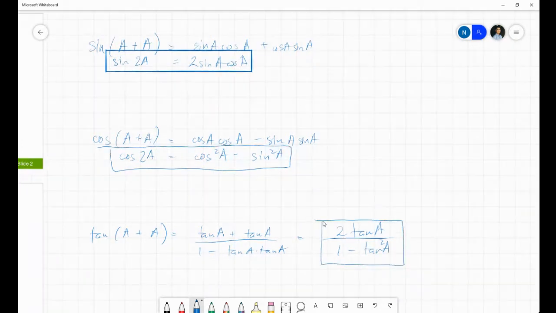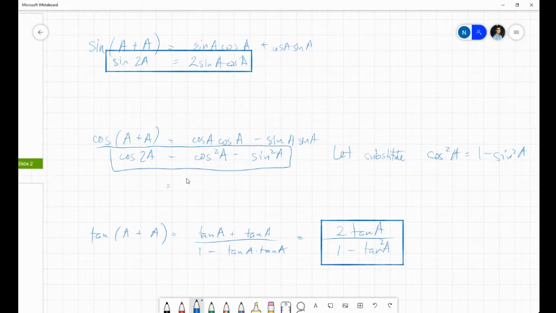Now, there are more formulas for tangent A and cosine. So let's do the following. Let's substitute cosine squared A for 1 minus sine squared A and see what you get. Hey, Professor, really quickly, are these called double angle formulas, or are they also identities?